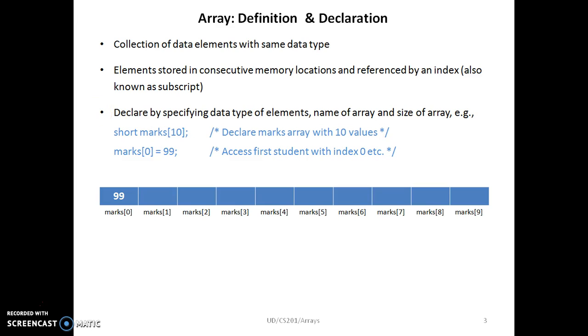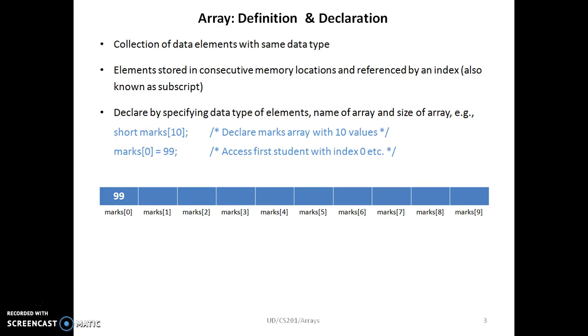So if you look at this declaration again, that basically means an array is going to be created with the name marks, which is having 10 number of elements, and each element is with short data type.